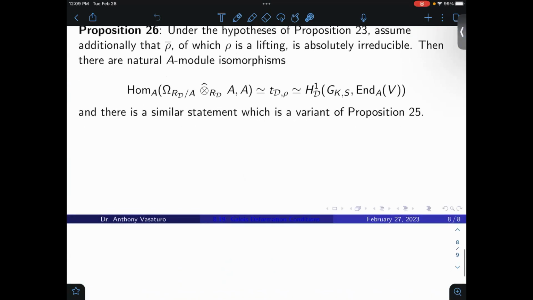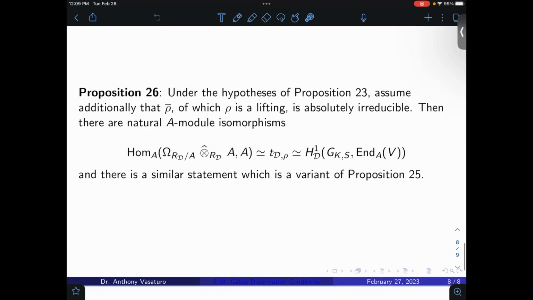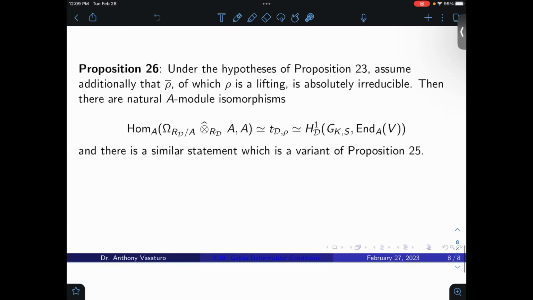Okay, so finally, proposition 26: what if you have an absolutely irreducible residual representation, so that you have universal deformation rings at your disposal? Under the hypotheses of proposition 23, assume additionally that ρ̄, of which ρ is a lift, is absolutely irreducible.